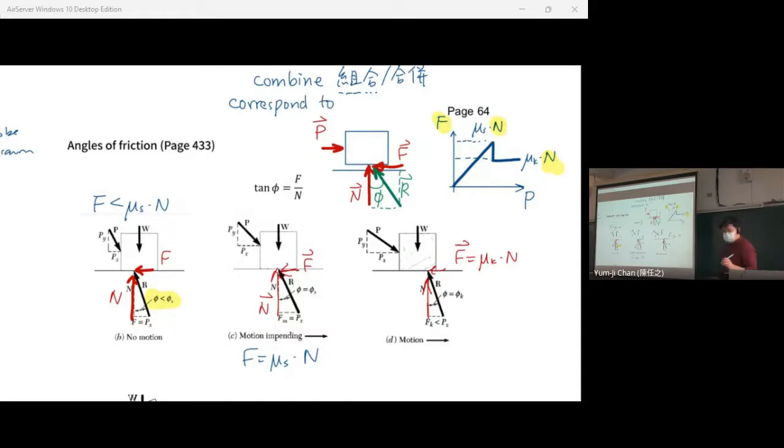Do you know what it means, correspond to? So we say mu s corresponds to phi s, and mu k corresponds to phi k. They are actually the same thing, but in one case it is quite useful. Let's have a look.